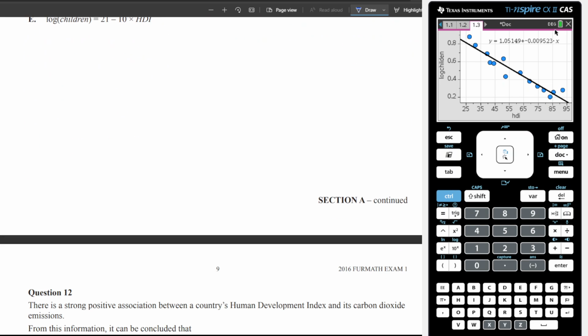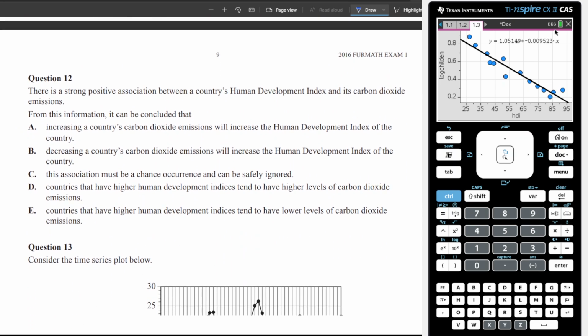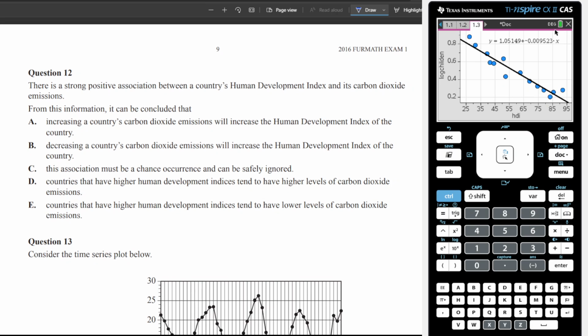Okay, so let's go through question 12. In question 12, there is a strong positive association between a country's Human Development Index and its carbon dioxide emissions. From this information, what can be concluded? So now we're looking for one of these that's true. It's a strong positive association. Option A: increasing a country's carbon dioxide emissions will increase the HDI for the country.